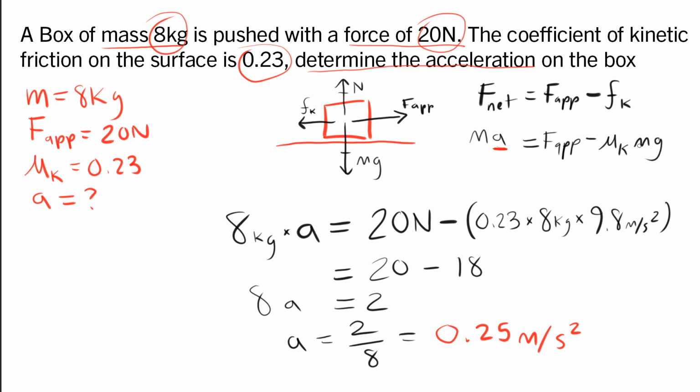We then came up with an equation that utilizes all the stuff that we know. Our formula right here is basically just the friction formula for kinetic friction. And then we put in our numbers. We solved the equation, and we found that the acceleration on the object is exactly 0.25 meters per second squared.